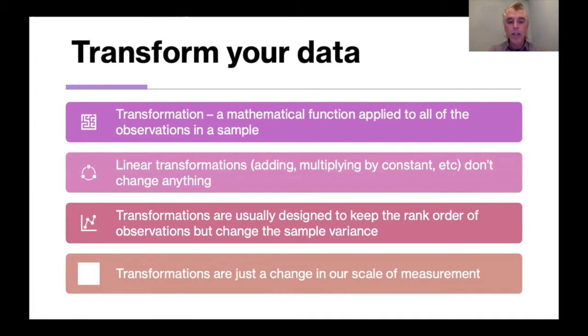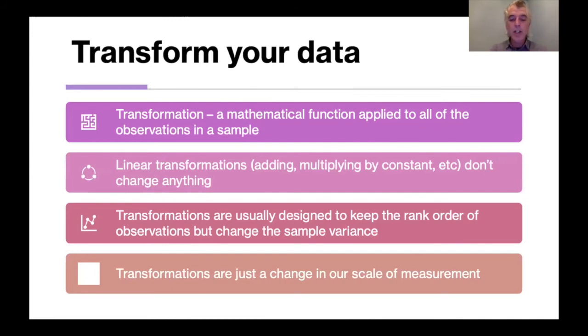Because these sorts of linear transformations don't change anything about the distribution of the data other than perhaps shifting it to the left or shifting it to the right. The shape of the distribution is unaffected by these sorts of linear transformations.